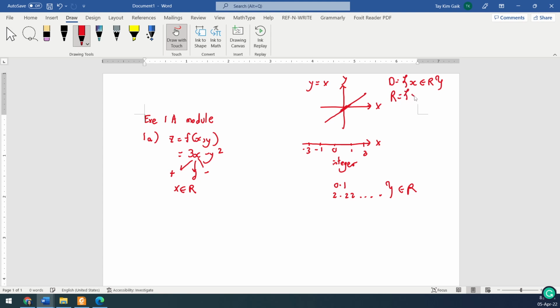So the range is y, which is also a real number. This is a function of one variable.